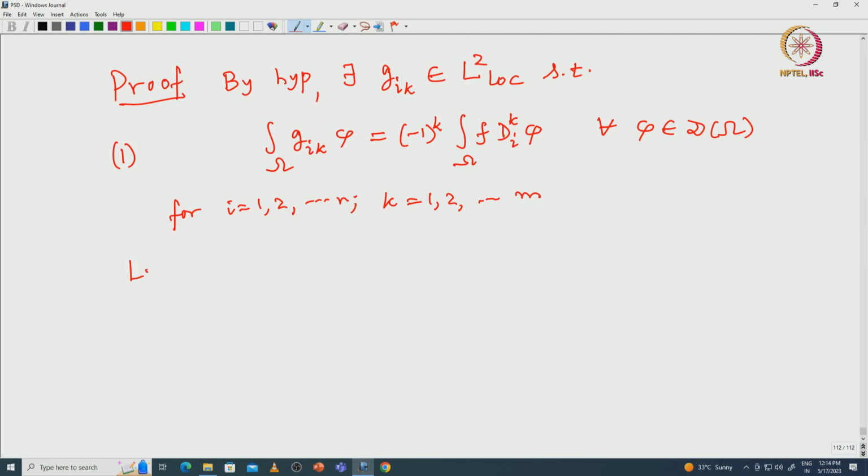So, let omega be open, small omega, such that the closure, which I denote by K, is also in omega, compact.